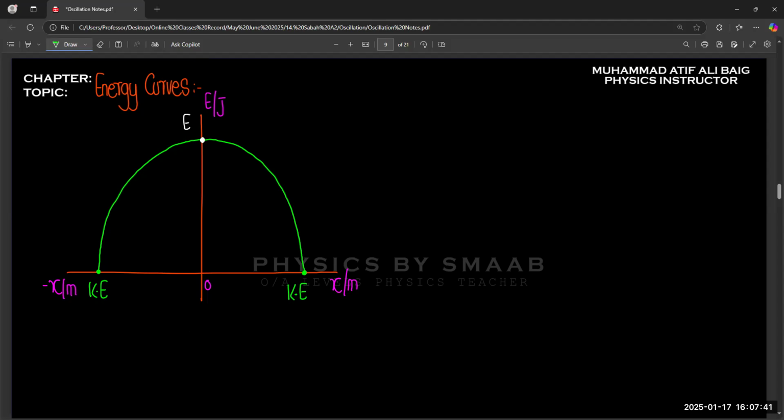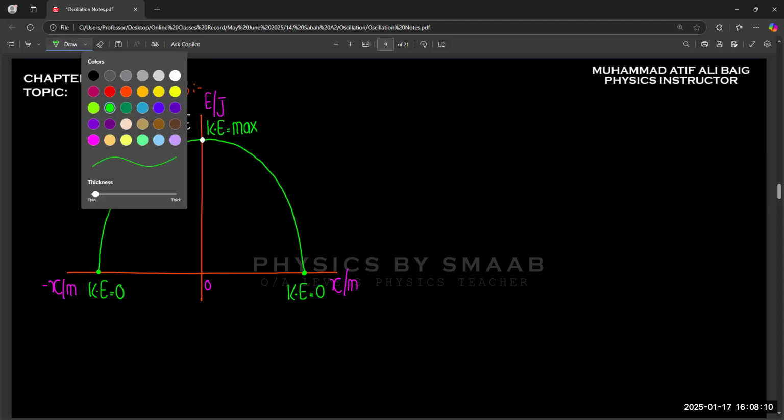At these two extreme positions, zero, zero. But if we consider the top point, definitely kinetic energy is maximum at mean position. Okay, so this is the graphical representation for kinetic energy.